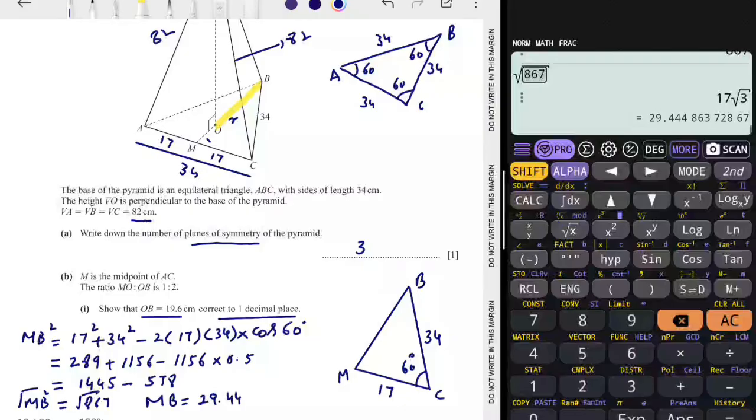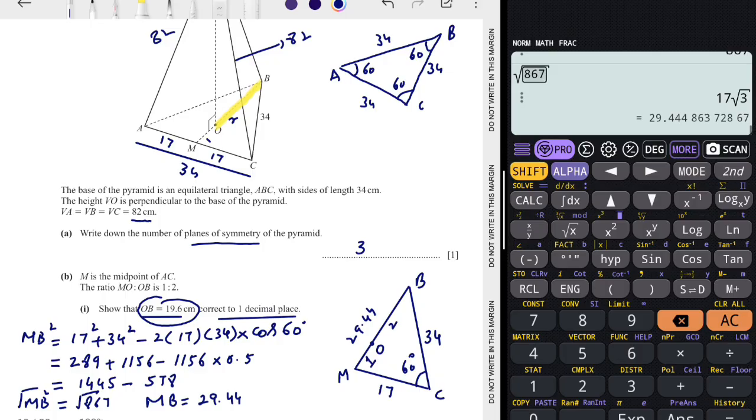So let me write here. Now we have to show that OB is equal to 19.6 centimeters correct to 1 decimal place. Students, just see, your MB line is divided into two parts, and if you see the ratios, the ratio of MO is 1 and the ratio of OB is 2.